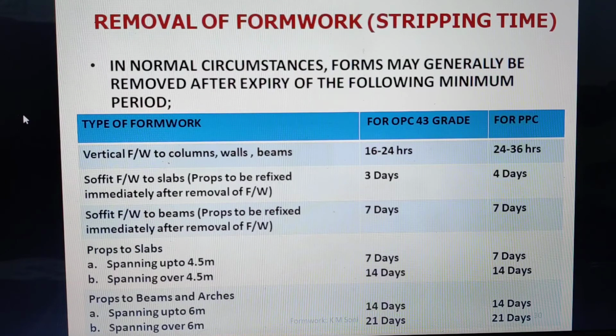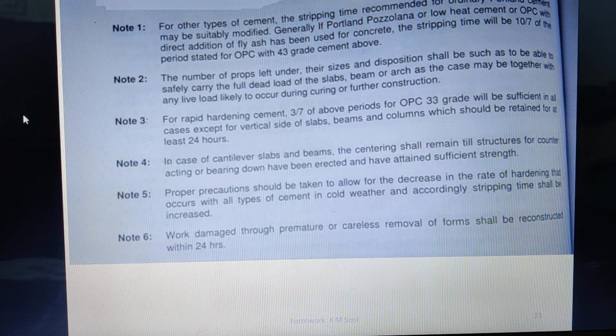So both are important. And then soffit formwork to slabs 3 days and 4 days in case of PPC, soffit formwork to beam 7 days in both the cases, and props to slabs according to the span, and beams also. For other types of cements, this is to be adjusted.